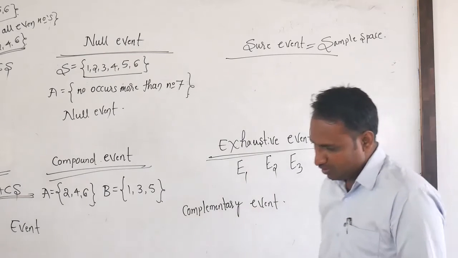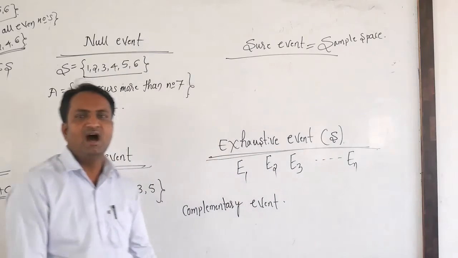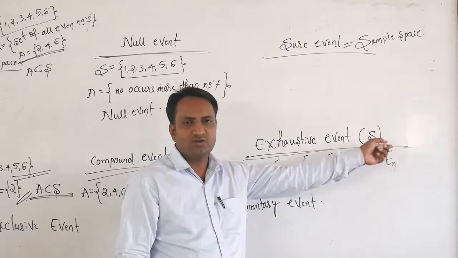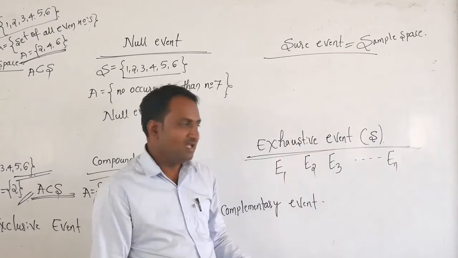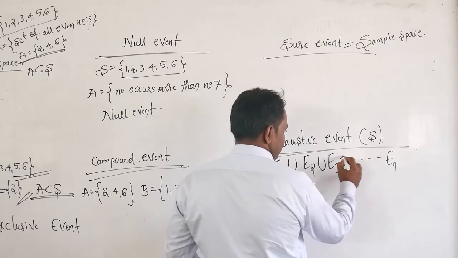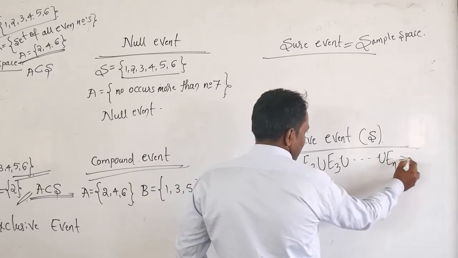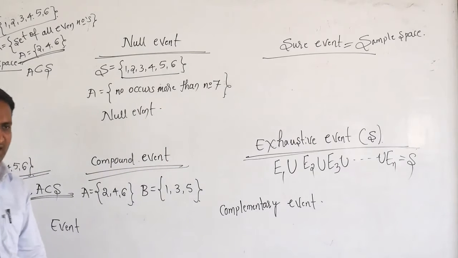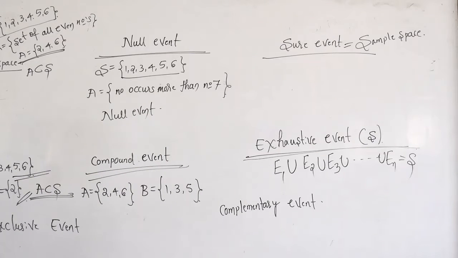I don't know how many events there are in our experiment. E1, E2, E3, and so on up to En events. The union of all these events gives us the sample space. They are called exhaustive events.